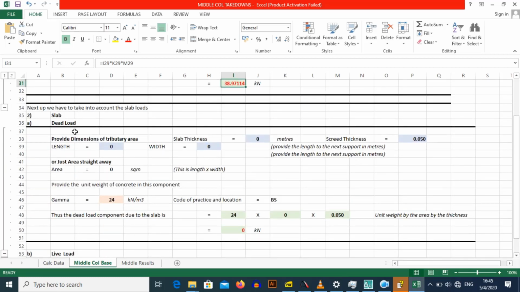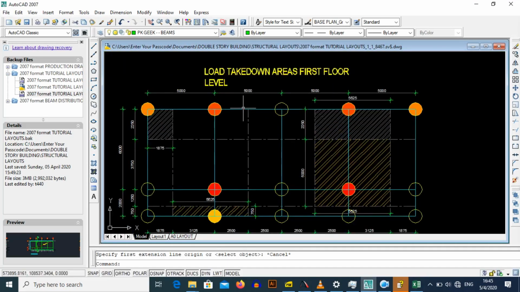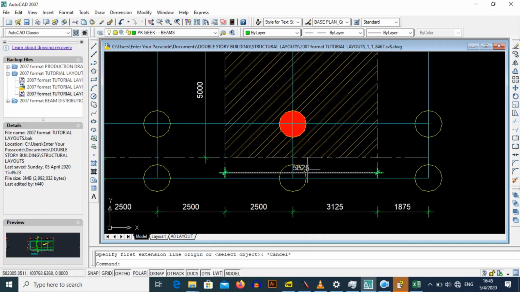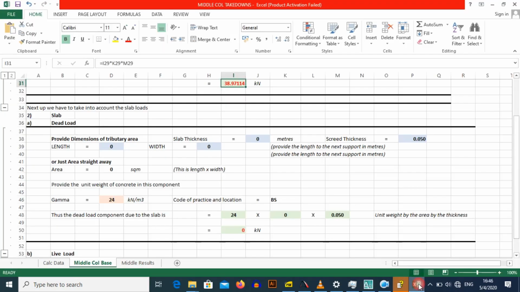For the slab, we now need to provide dimensions of the tributary area. So we go back to AutoCAD, and we see first floor level, and now the dimensions are 5625 multiplied by 5. So that is okay. What you have to do is 5.625 by 5, and then the slab thickness. We put it at 0.2 meters, and the screed thickness we're going to assume 50 millimeters, so 0.050.